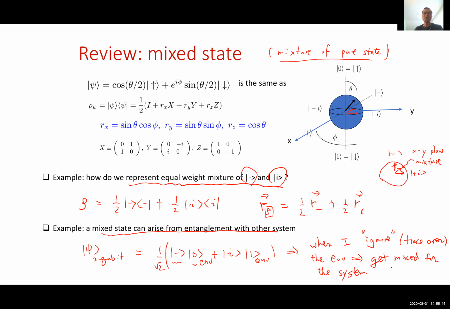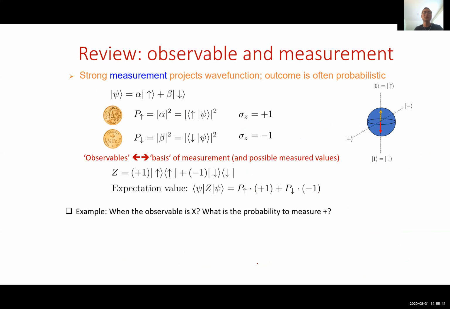So let me not go to the math detail because I just want to introduce this notion here, but we can talk about that later, about how you trace over. You know the trace of a matrix, but this trace will be traced only over the part on the environment. We'll get to that later. Okay, any question?